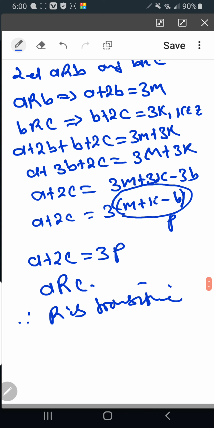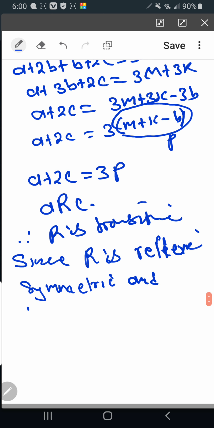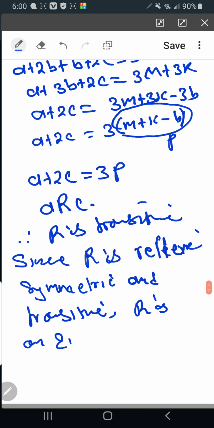And since R is reflexive, symmetric, and transitive, R is an equivalence relation.